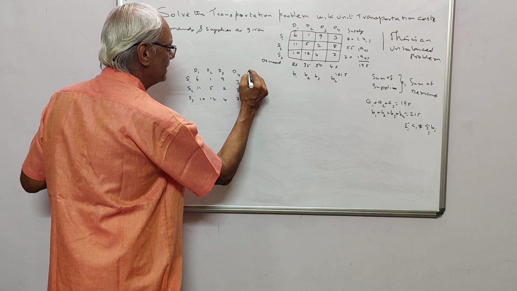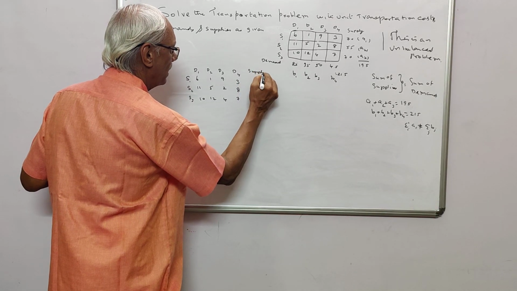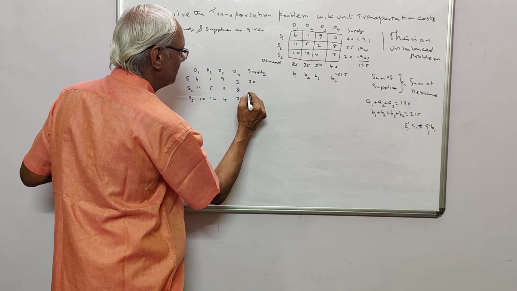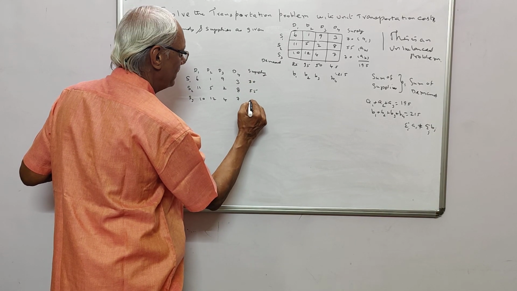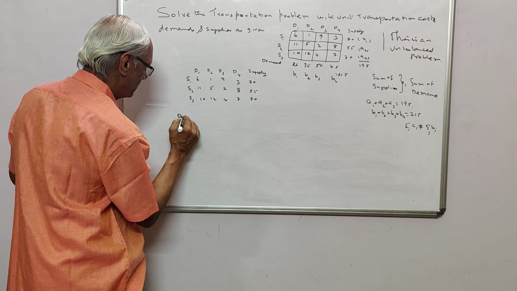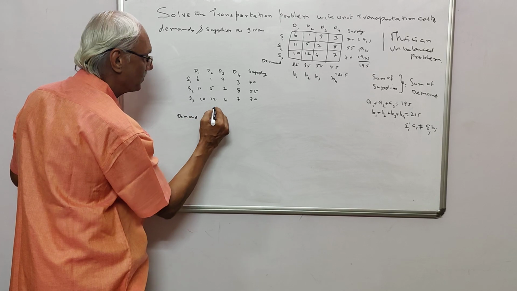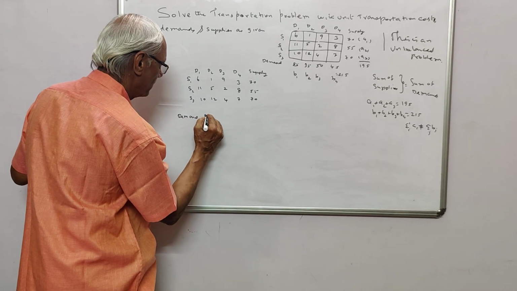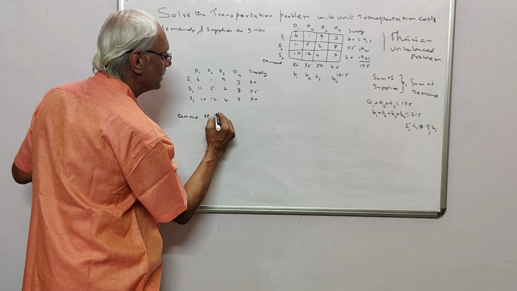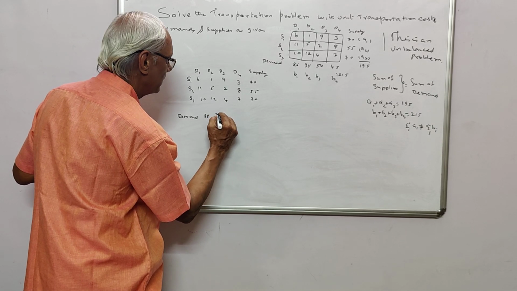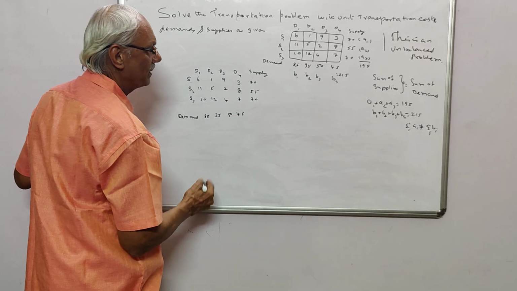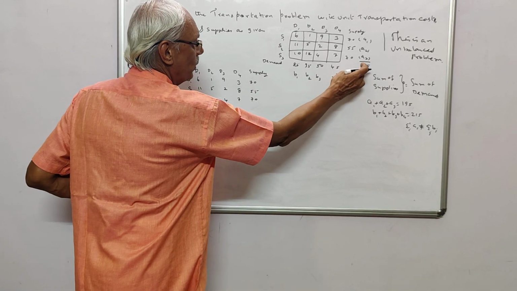The supplies are 70, 55, and 70. The demands are 85, 35, 50, and 45. The total demand is 195.